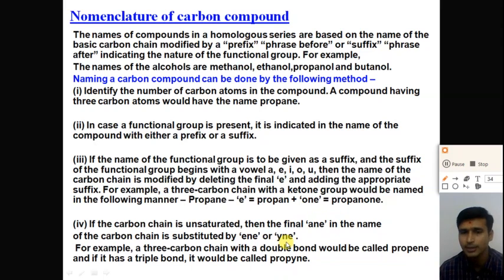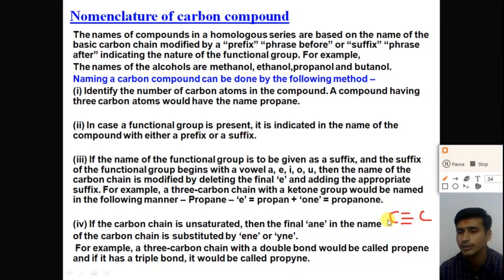For example, if there is a double bond in a 2 carbon chain, carbon carbon double bond, so with a double bond between the 2 carbon atoms, the name ethane is modified to ethene. Or if there is a triple bond, its name is ethyne.